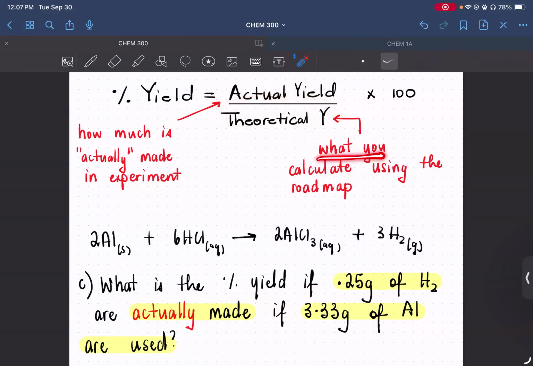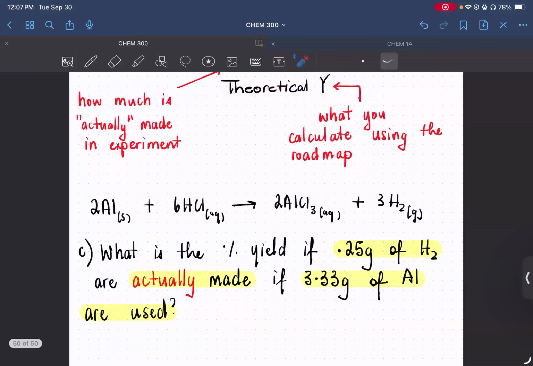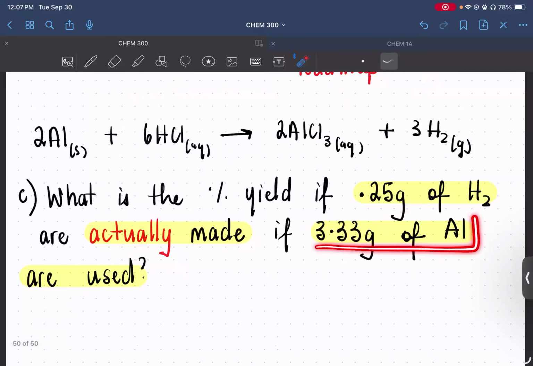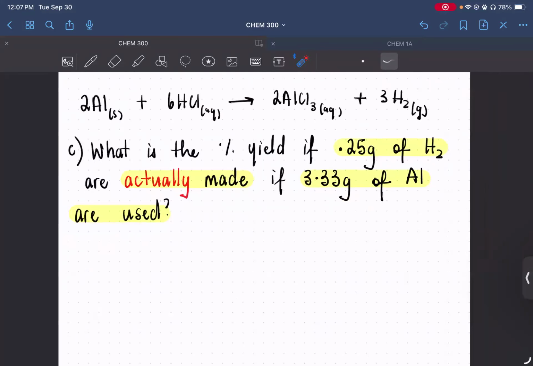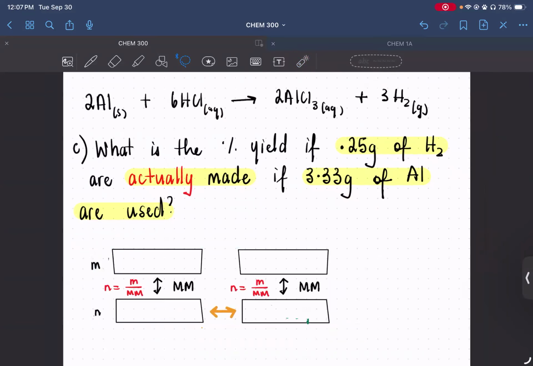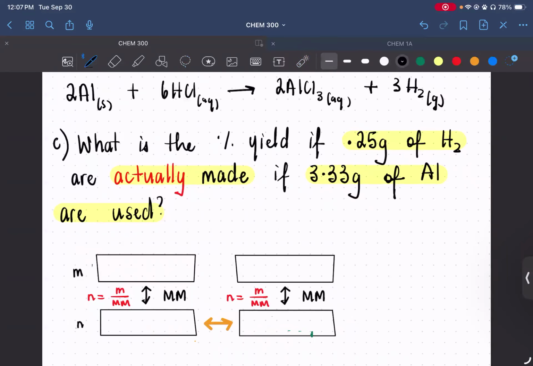Remember, that's what you calculate using the roadmap. The roadmap connects two chemicals, the chemical with information you know. So we are now going to do another roadmap. And in this roadmap, we are going to connect aluminum and hydrogen.